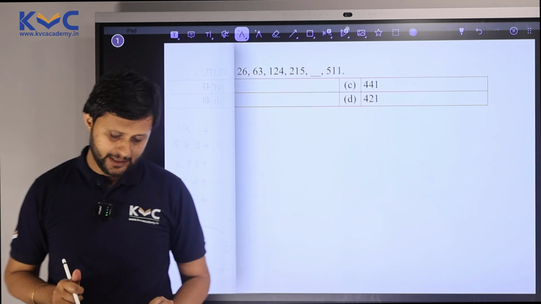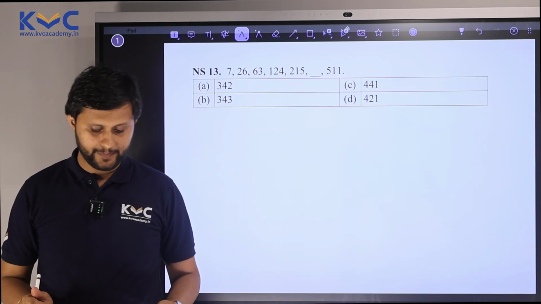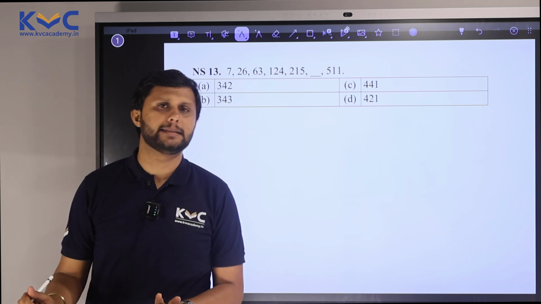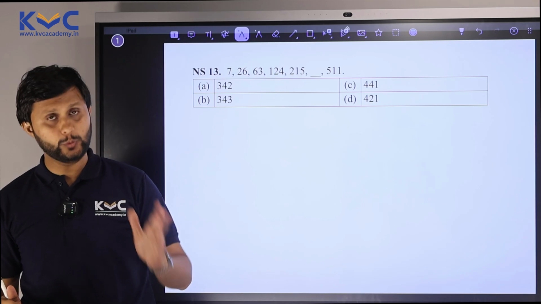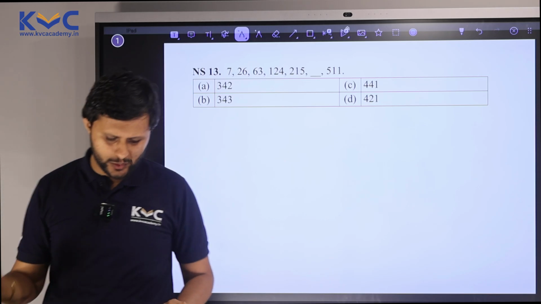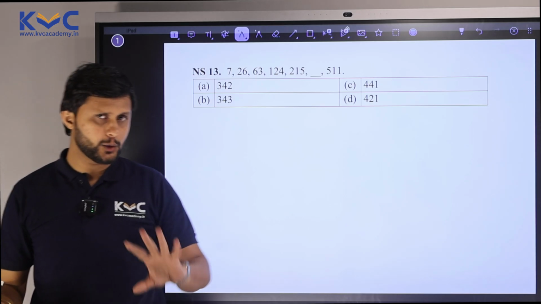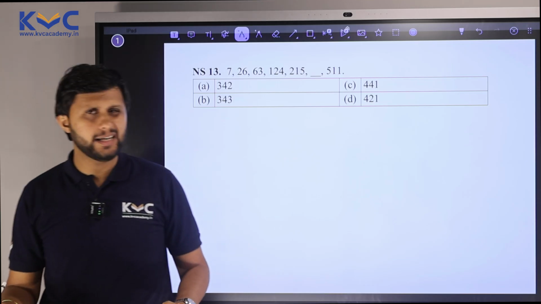Moving on, number 13, we have 7. After 7 we have 26, then we have 63, 124, 215. Numbers are jumping, right? So it cannot be addition, looks like that. Maybe something to do with multiplication. 7 into 4 is 28.